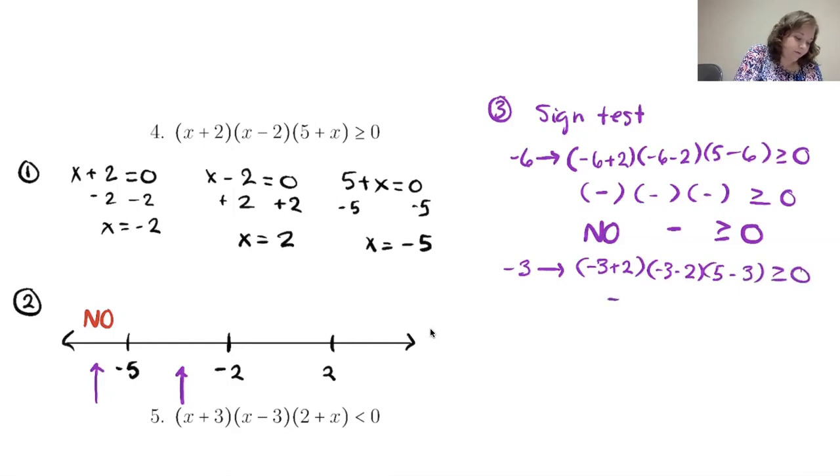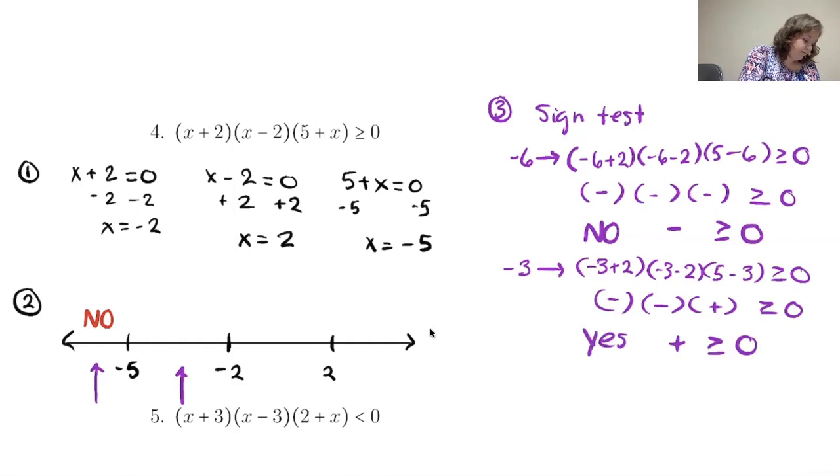And then -3 plus 2 is negative, -3 minus 2 is negative, and 5 minus 3 is positive. Negative times negative times positive is a positive number, which is greater than or equal to 0. So yes there. And so we include and shade that one.